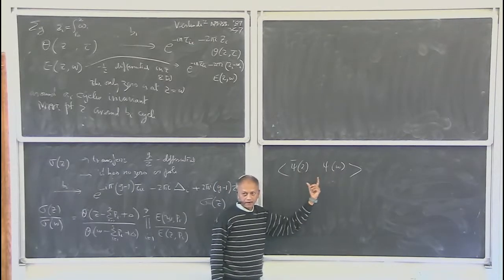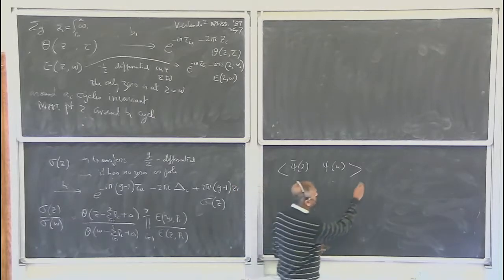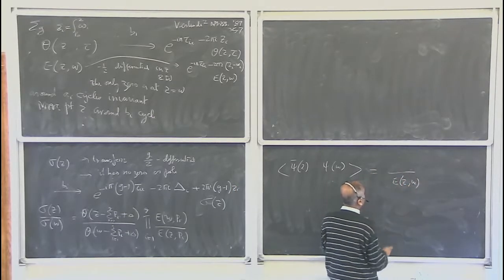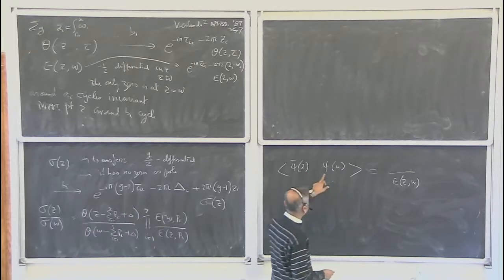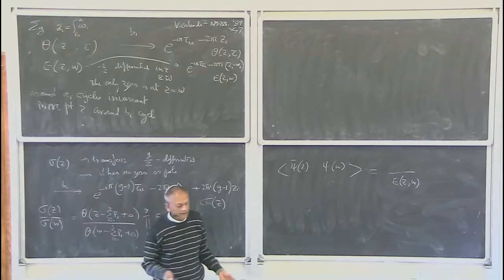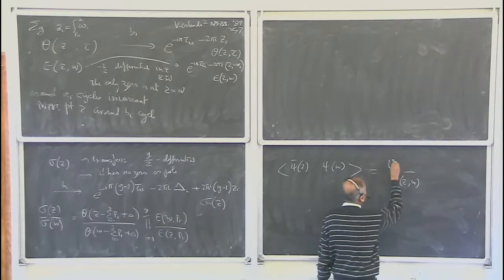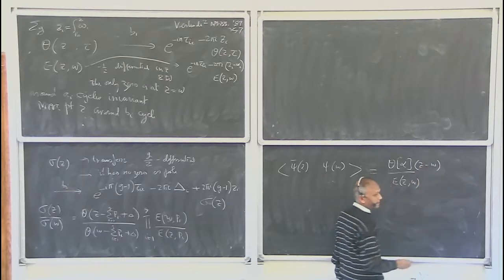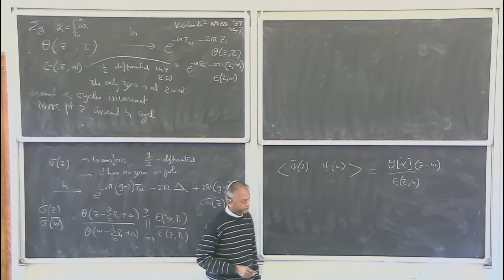Because these are half differentials. And the answer is simply 1 over E(z,w), and then, since it's a half differential, there are spin structures. So there are different spin structures. And the spin structure information comes here, theta_alpha(z minus w). Okay. That's the thing.